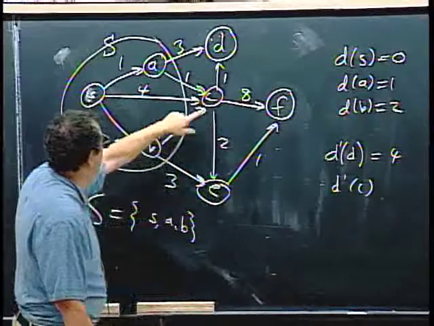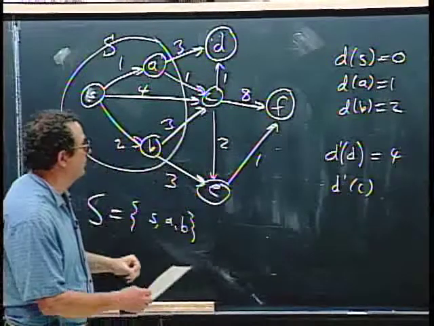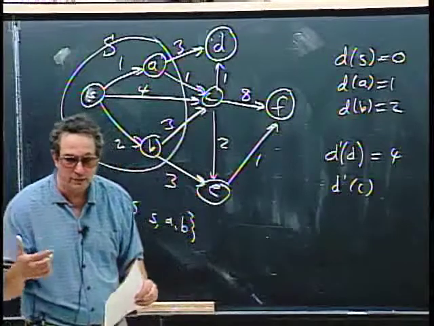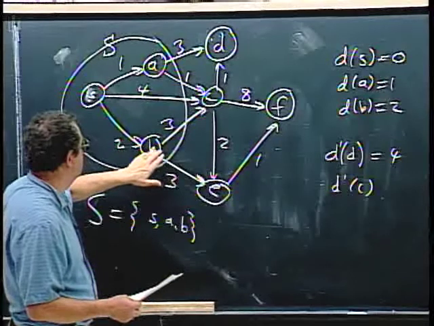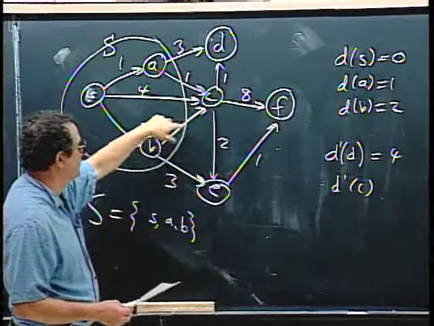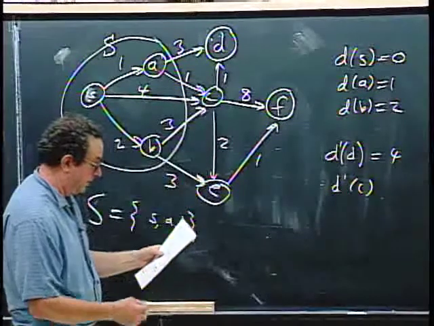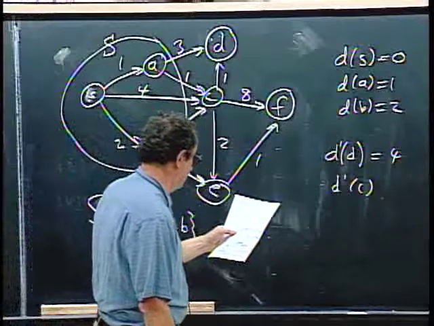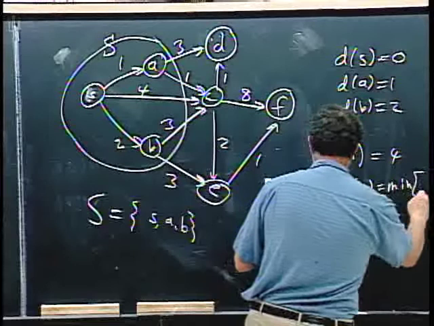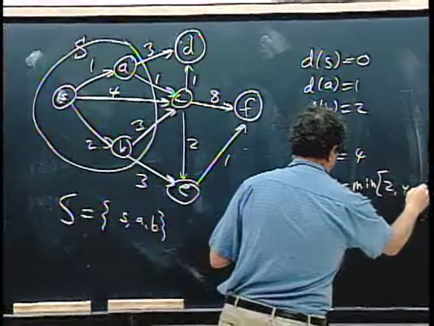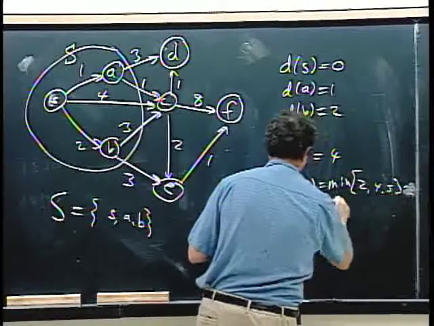Even though in this case it's so simple that it's not much different than looking at the whole path, to get the algorithm right in general, we want to think of what I'm computing here as the known distance d of b plus the additional distance along that edge, not the distance along the whole path. I think I've beaten that to death. So this is the min of 2, 4, and 5, which is equal to 2.